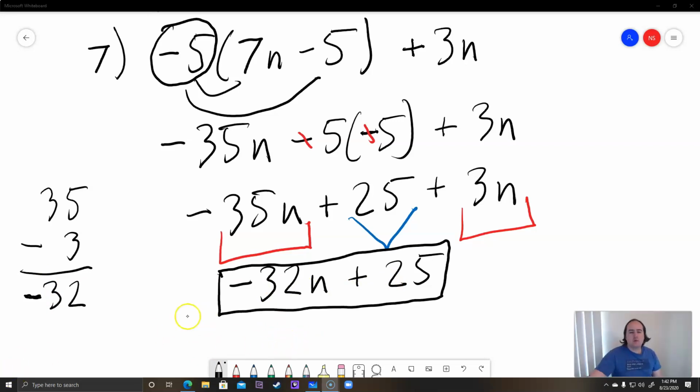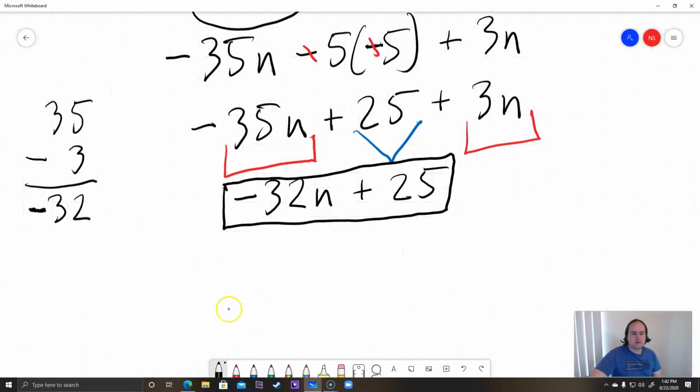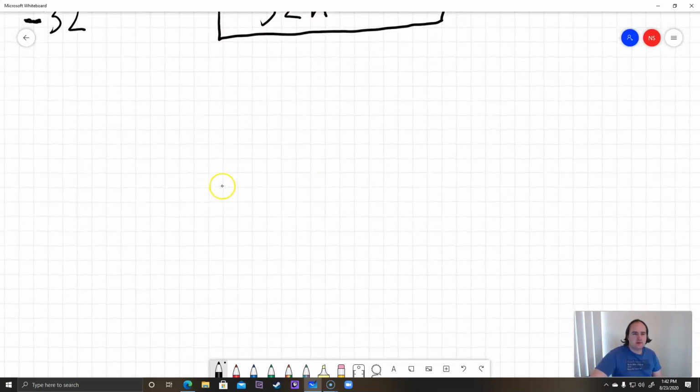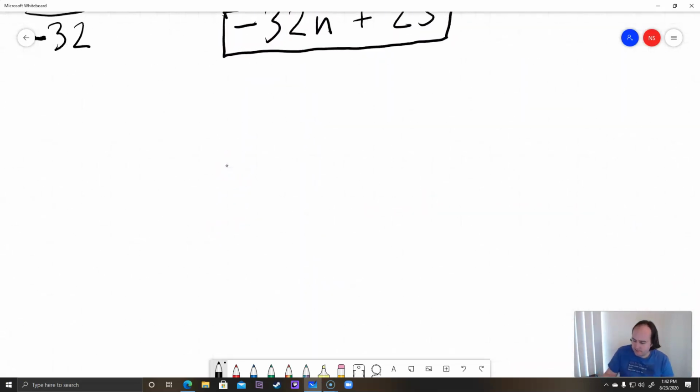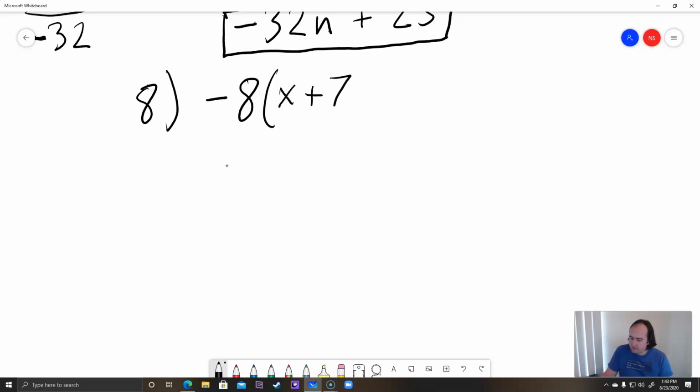Okay, I wanted to do one more example from this section. So this is going to be example number 8. This is about as hard as your homework gets from this section. So this one is negative 8 times a quantity, x plus 7, plus 6 times a quantity, 2x plus 1.